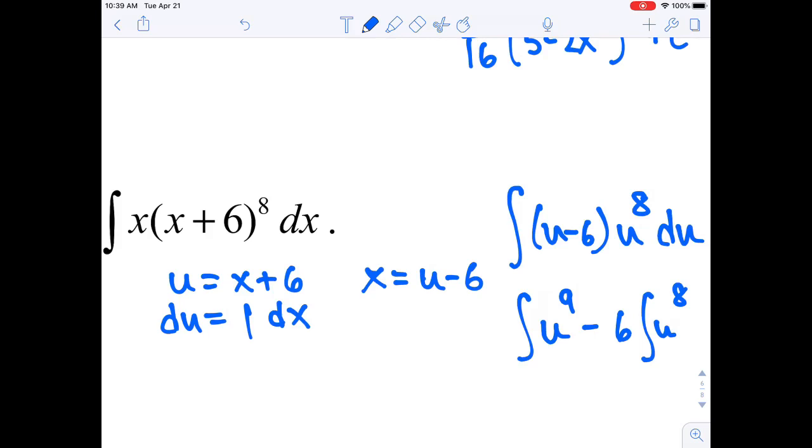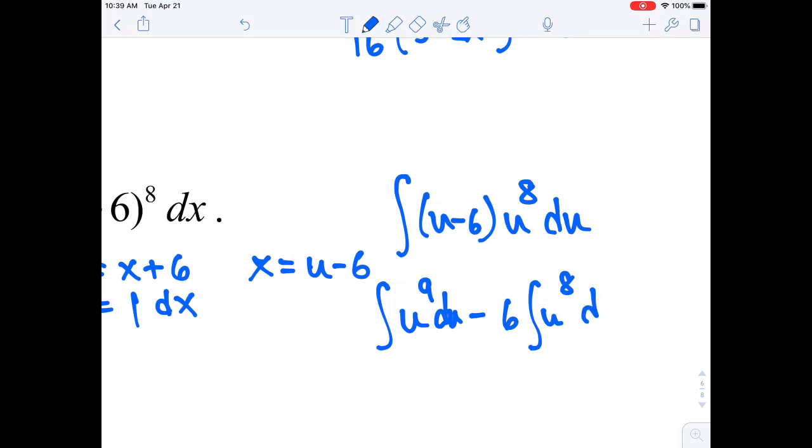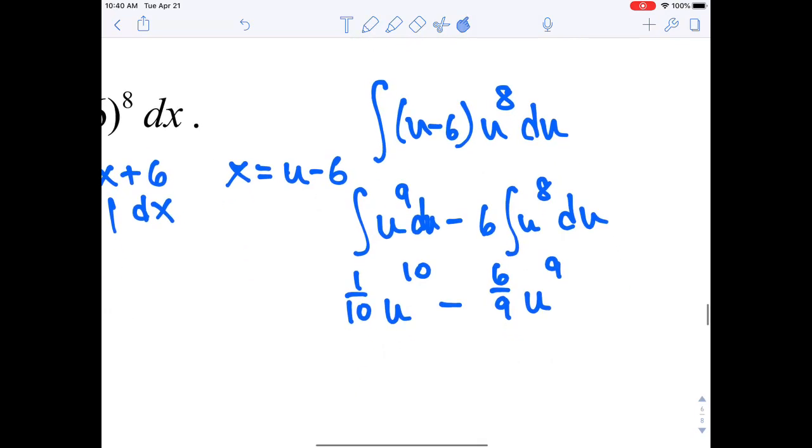And I should have had my du's in there, so let me just slide this over a little bit. So this is u to the 10th minus 6/9 u to the 9th, which reduces to 2/3.